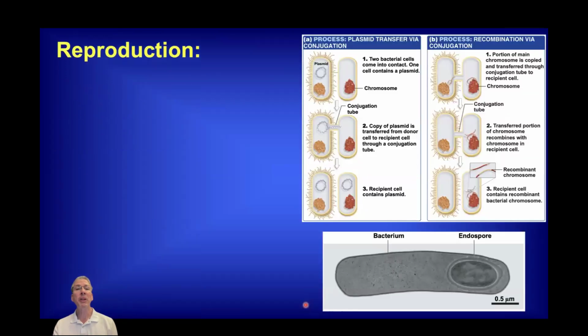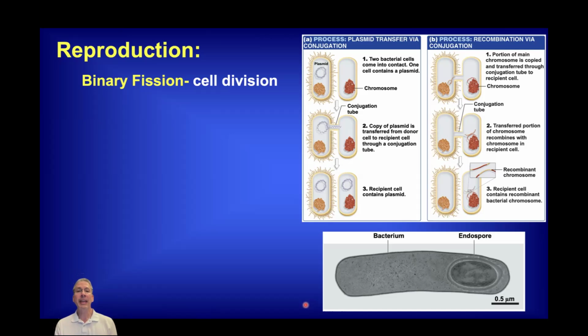In terms of reproduction, just a few comments here. Bacteria don't have linear chromosomes like we do, but of course they do have DNA, they do have a chromosome. It's sort of circular in nature. So they don't really undergo mitosis, but they undergo something comparable, referred to as binary fission.